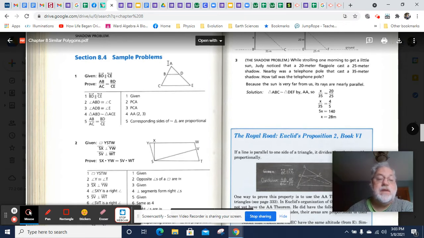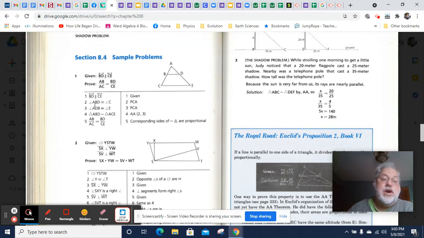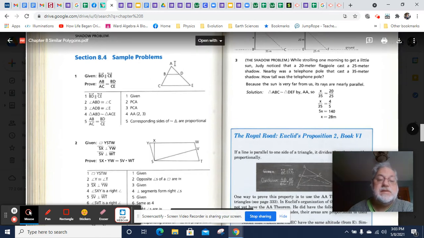We're supposed to prove that AB is to AC as BD is to CE. To do that, it's going to be useful to prove that ABD and ACE are similar triangles. So we know that angle ABD is congruent to angle C because those are pairs of corresponding angles.